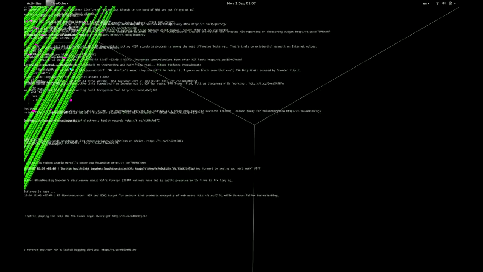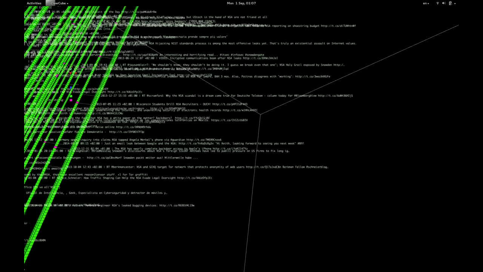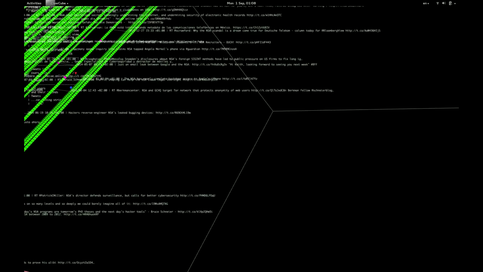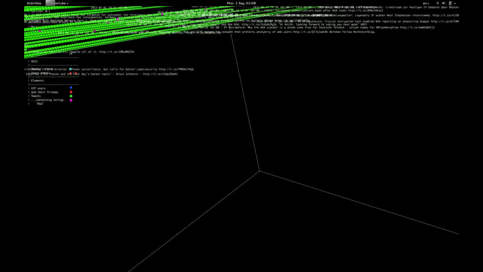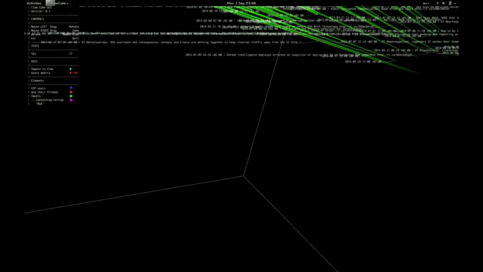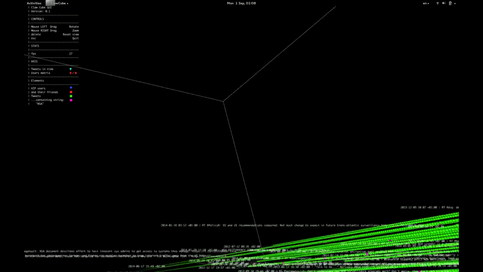These tweets grow in time like flowers from the bottom up, and again we can browse through the text. It's interesting that at some point in time these purple cubes correlate, so it's very clear when this whole NSA hype happened, because all these people were retweeting their messages.